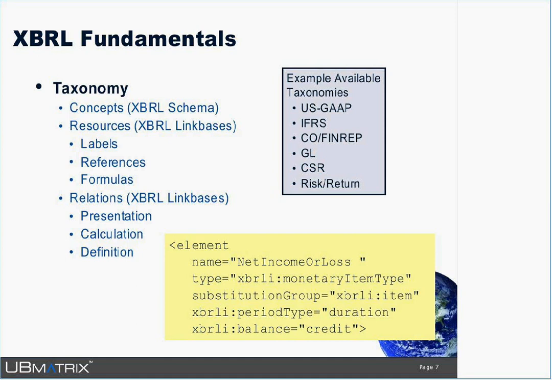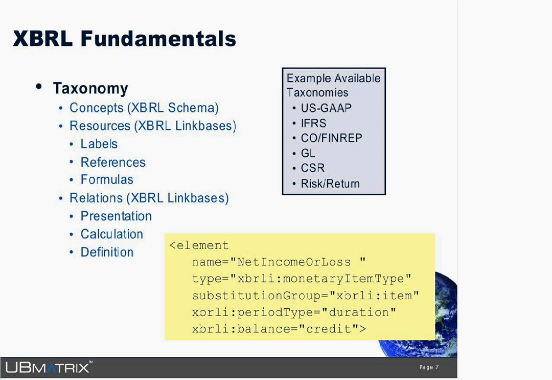There's also, and we'll talk about it a bit in a couple of slides, the formula link base, and what that allows me to do is add information about mathematical calculations associated with the resources. And we'll go over some examples of that.